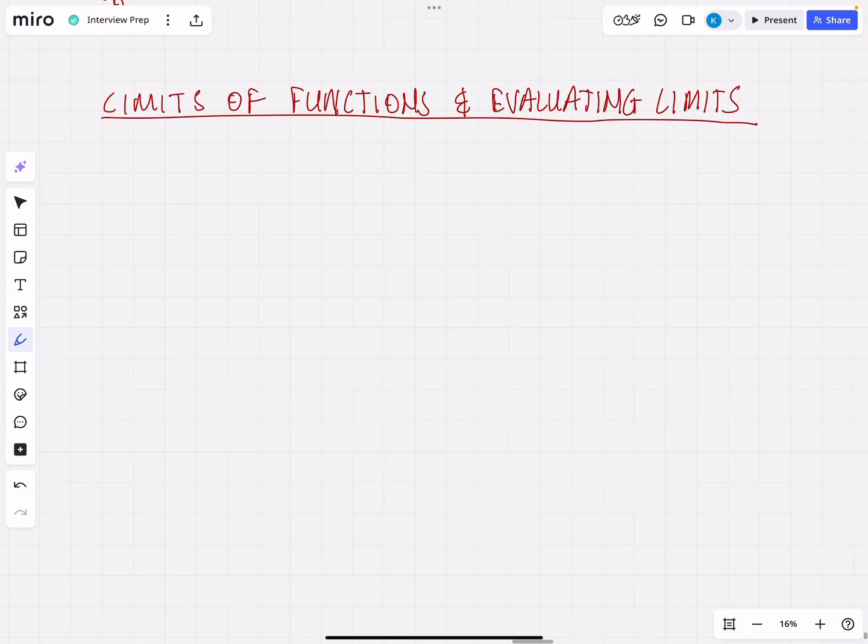Okay, so we already spoke about evaluating limits for y equals 1 over x, and we knew that we had to consider the limit as x approaches 0, but from 2 different directions. So the way we denote this is the limit as x approaches 0 with a little plus of 1 over x, and we say that is equal to positive infinity, and we say that the limit as x approaches 0 from the negative side is equal to negative infinity.